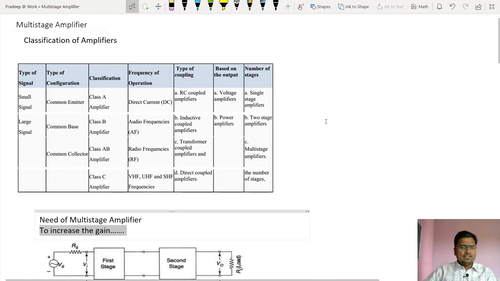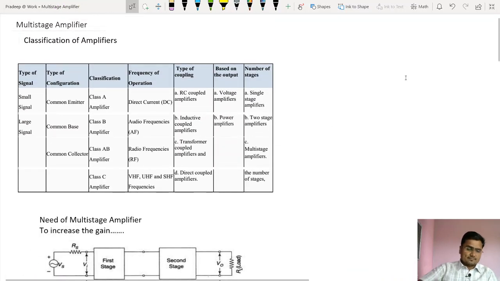Now let me look at the classification of amplifiers, because a person from your class asked me about the types of amplifiers. He started with the classification. I think he might have gone through the first line of the syllabus, which is classification of amplifiers. Now let us start with it.